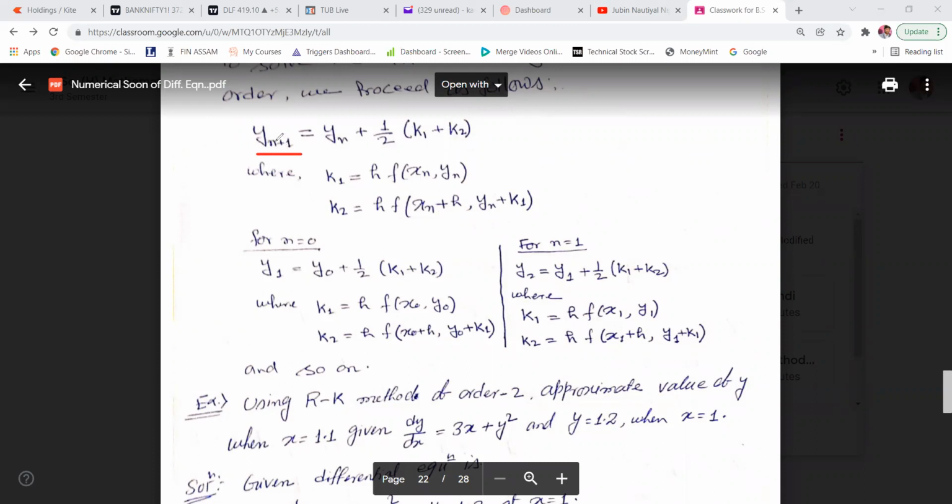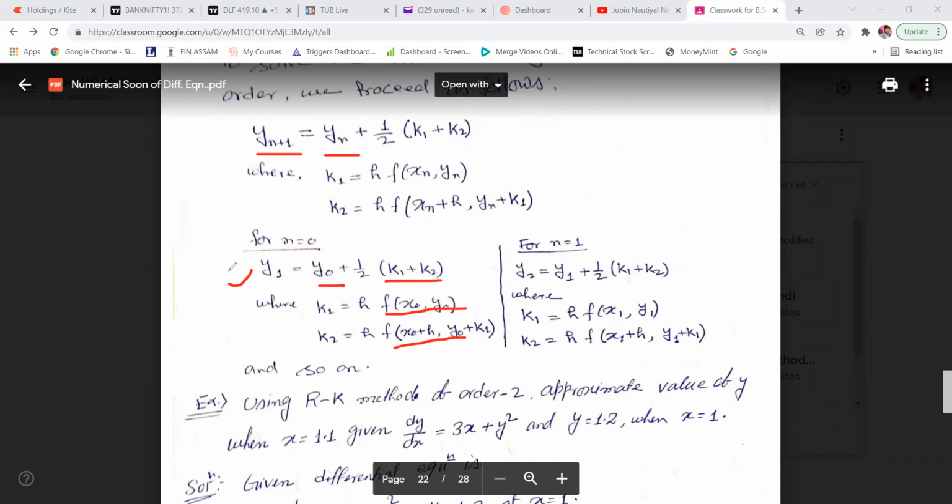And k1 will be h f of (x0, y0). Then k2 will be h f of (x0 plus h, y0 plus k1). To find this k1 and k2, you substitute the value of y0, and you will get y1.